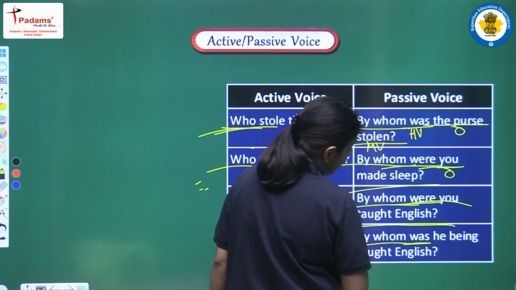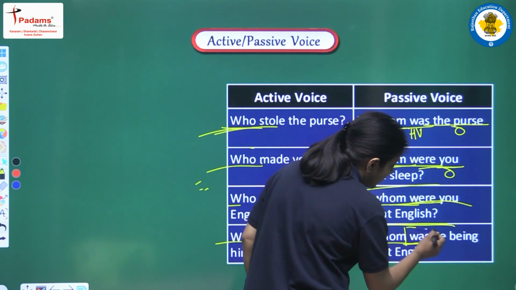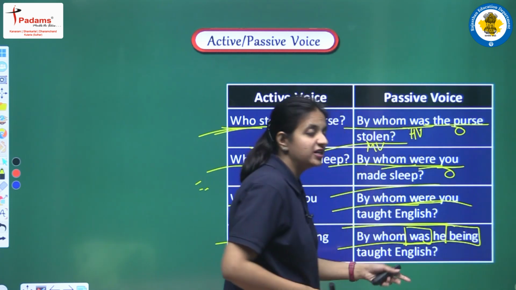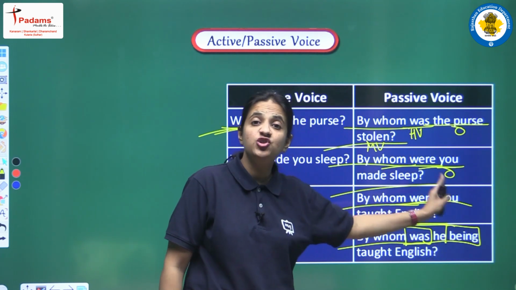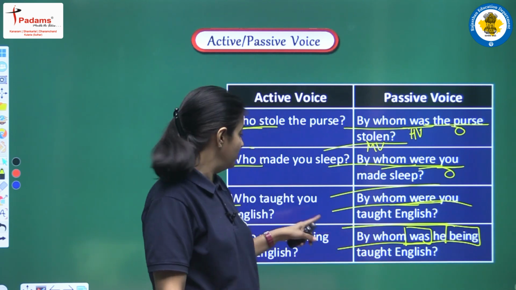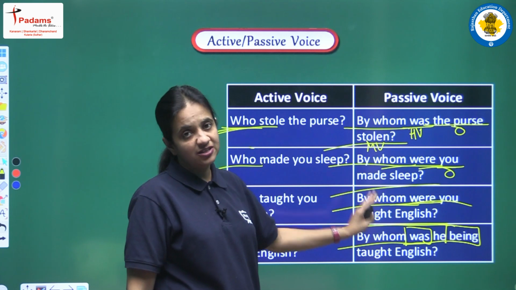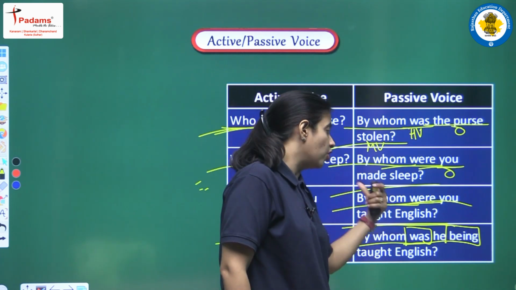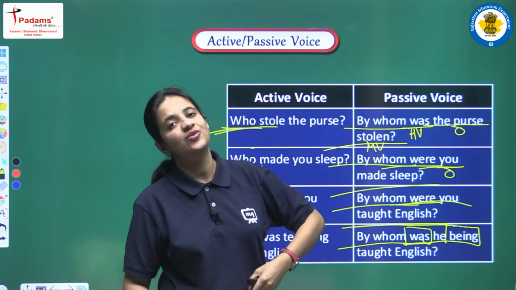Next, we are writing the helping verb, and here you have to be careful that "was" and "being" won't come together. In between we have to write the object, and after that the same thing, the third form of the main verb. So the sentence is "who was teaching him English", and the passive voice will be "by whom was he being taught English". Okay, so this is very important.